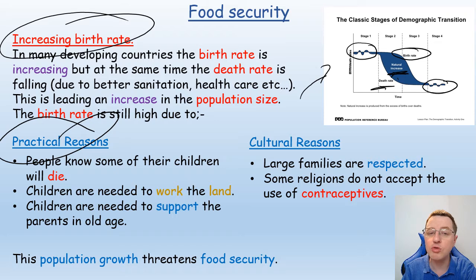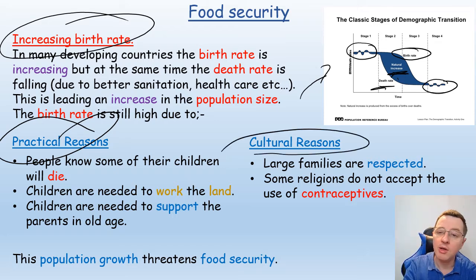There are also cultural reasons why the birth rate will still be high. And this could be that large families are a sign of respect. So if you have a large family, then people will respect you more within your community. And it could be for religious reasons. Several religions do not accept the use of contraceptives, and therefore birth rates will naturally be higher than they are in the Western world.